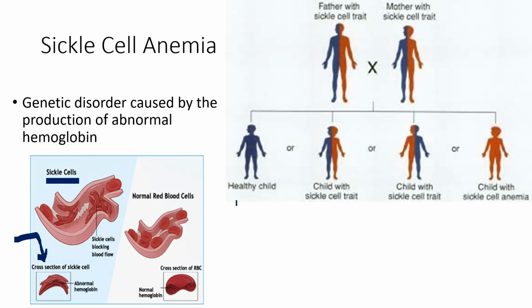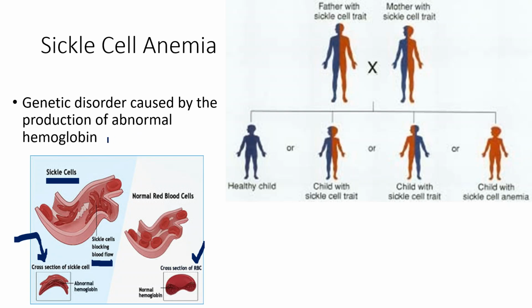Remember, red blood cells are supposed to be biconcave discs. This is the normal red blood cell, but because the hemoglobin is abnormally shaped, it's going to cause the red blood cell to be oddly shaped, and it's going to have a sickle shape. And because of its shape, it can clog up blood vessels and prevent blood flow downstream.